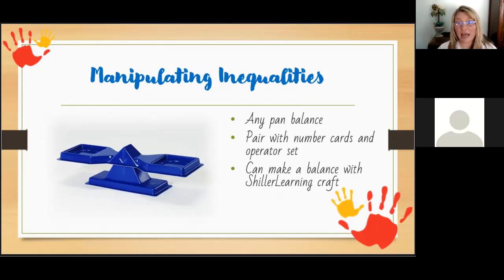Put that in a closet and hang on to it until you get to algebra, because this pan balance is also going to be fabulous for demonstrating to your algebra student that you have to do the same thing to both sides of the equation to keep it in balance. There are quite a few things that you can keep from those younger kids to help your older students down the road, just in a little bit of a different way.